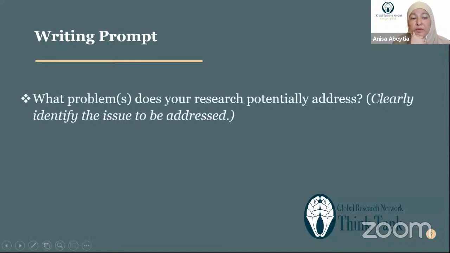So the first writing prompt: what problems does your research potentially address? Now, you want to be able to clearly identify what the issue is that needs to be addressed. This would be something akin to your elevator pitch.